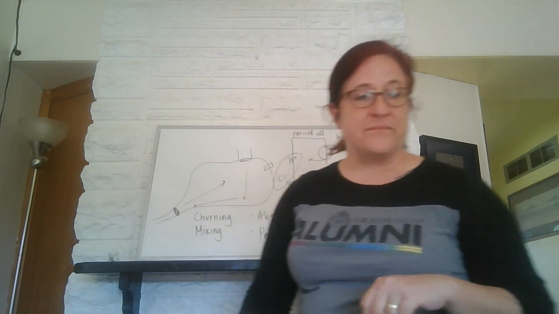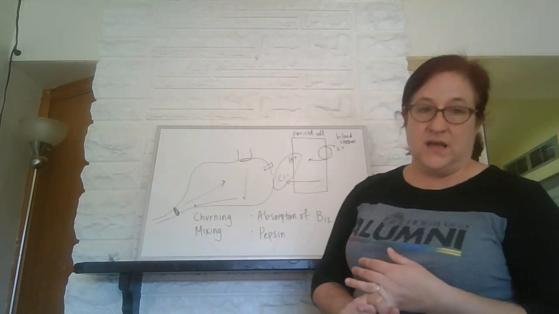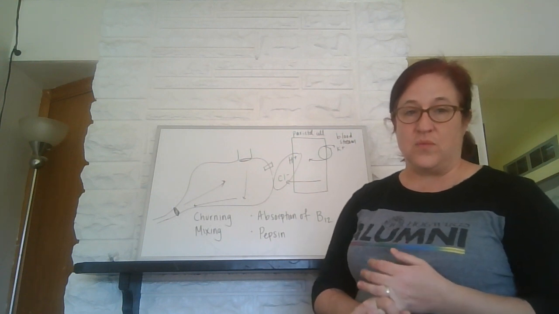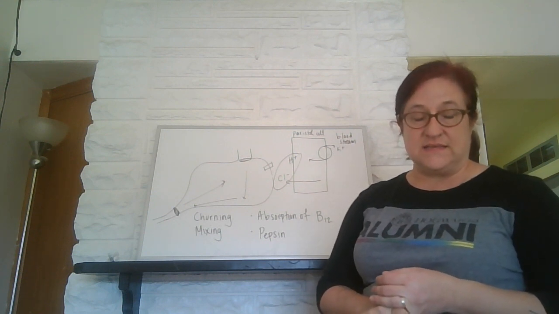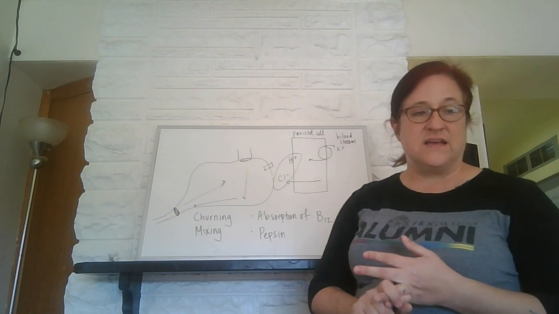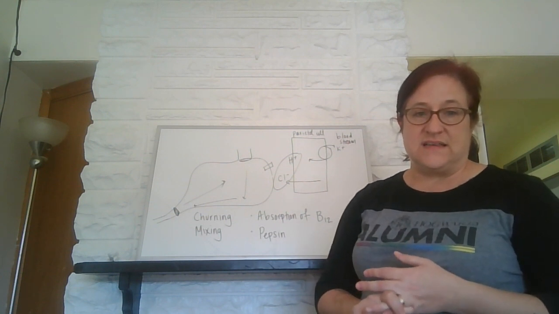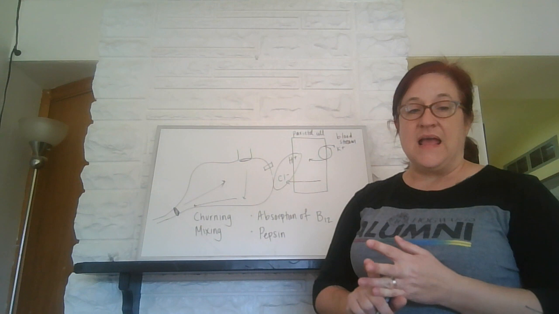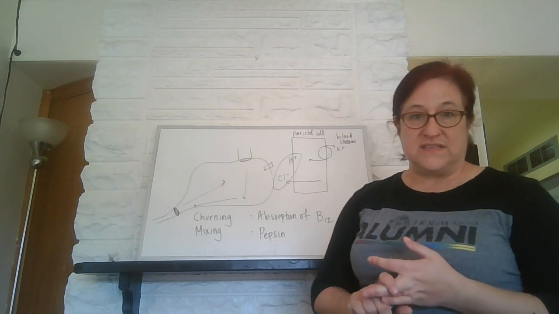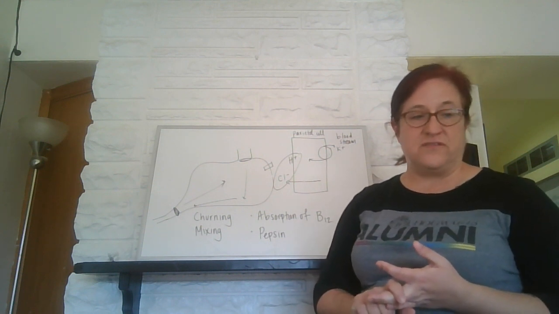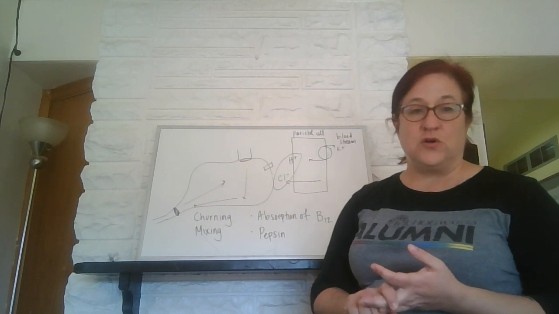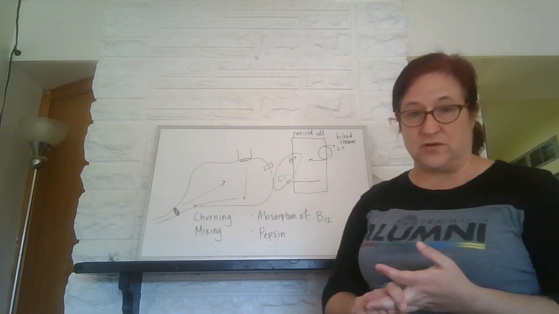So in the presence of food, gastrin, which is a hormone that the stomach makes, is released, and this further releases histamine, and the parasympathetic nervous system under the influence of the vagus nerve will increase the production of hydrochloric acid.